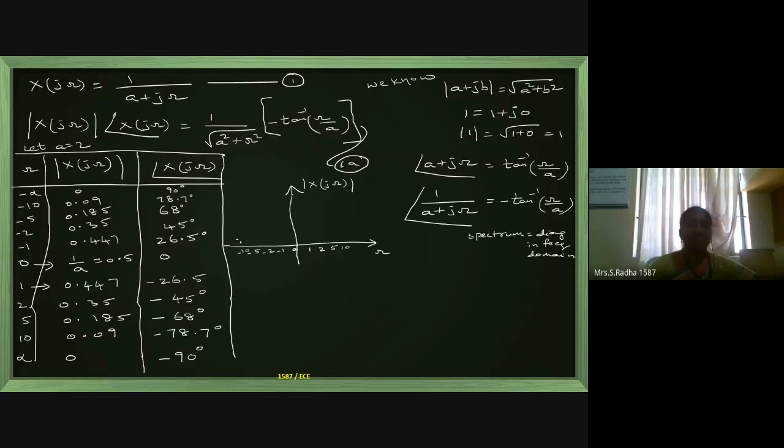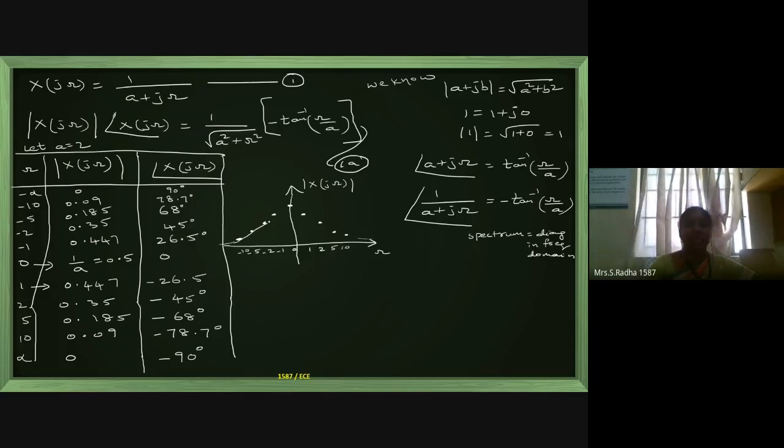At minus 10, it is 0.09. Then at minus 5, it is 0.185. And then minus 2 means 0.3. Then 0.4. At origin, it is 0.5. Again 0.4, 0.3, 0.18, and 0.09. And 0 at infinity, it is very close to 0.